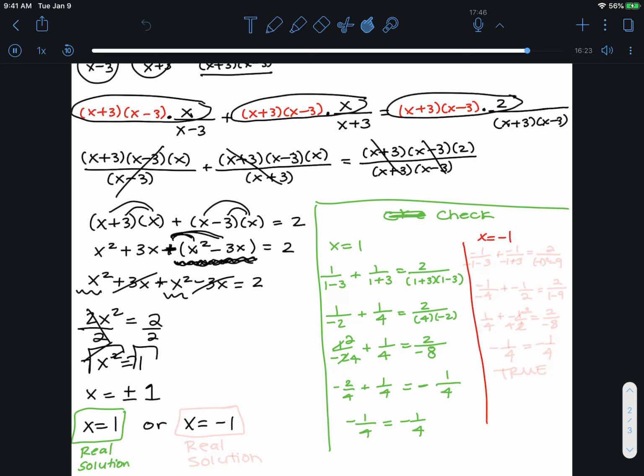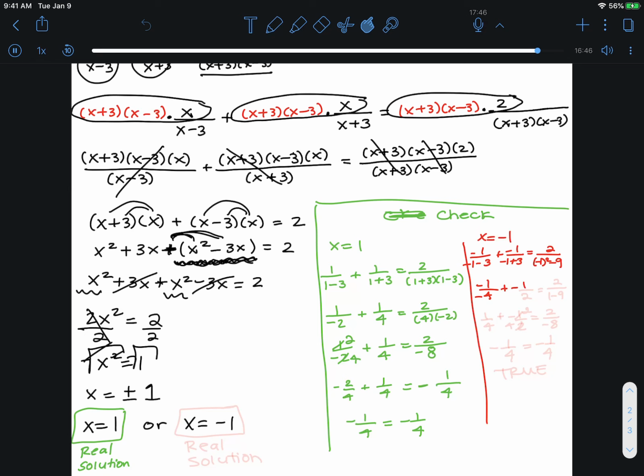So I'm going to go ahead and get negative 1 over negative 1 minus 3 plus negative 1 over negative 1 plus 3 is going to equal 2 over negative 1 squared minus 9. Okay, so negative 1 minus 3 is going to be negative 4.